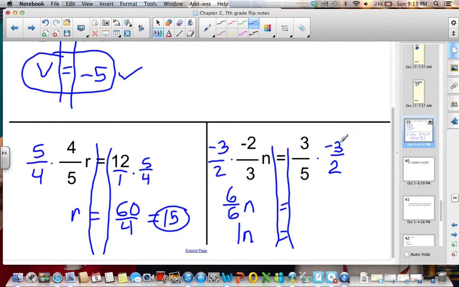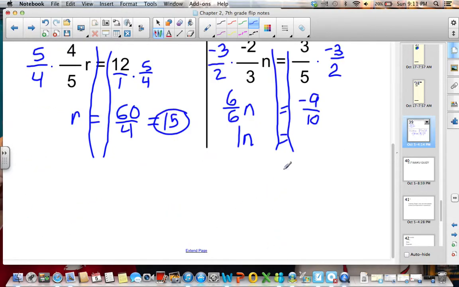We have 3 times negative 3 is negative 9. 5 times 2 is 10. And it cannot be simplified. So without my 1, I'm going to rewrite this as n equals negative 9/10.